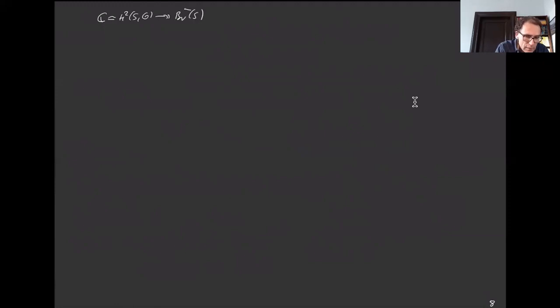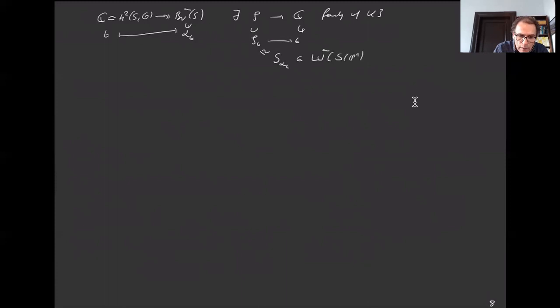And in fact, if I look at the Brauer class associated with an element in this complex line, then one can indeed construct a family of smooth K3 surfaces with the property that the fiber over a point t in C is in fact isomorphic to the elliptic K3 surface that corresponds, under the isomorphism of the analytic Tate-Shafarevich group and the analytic Brauer group, to the class alpha t.